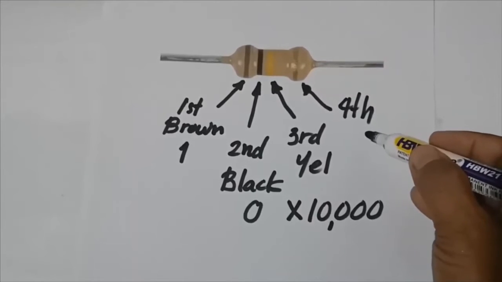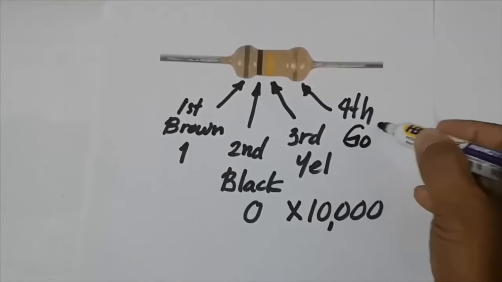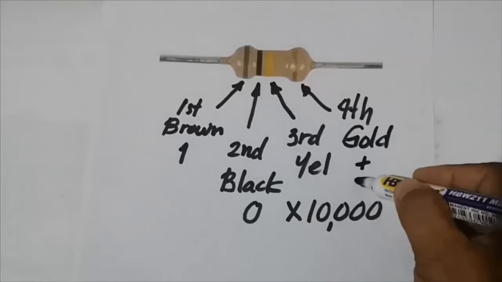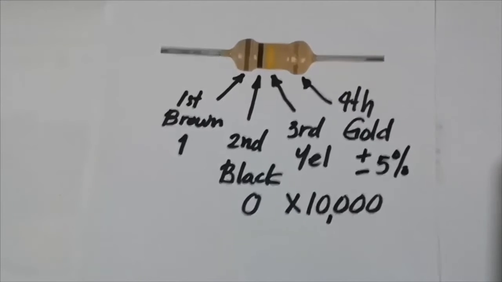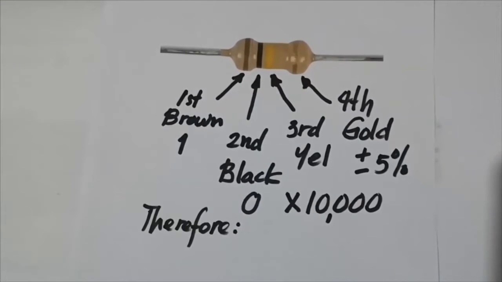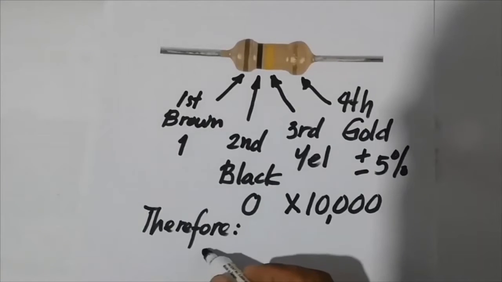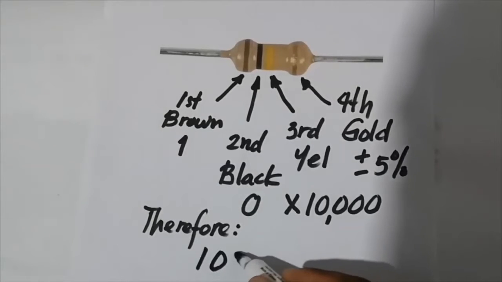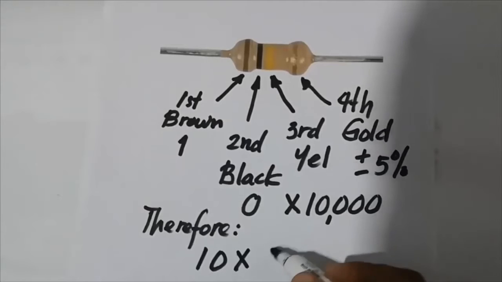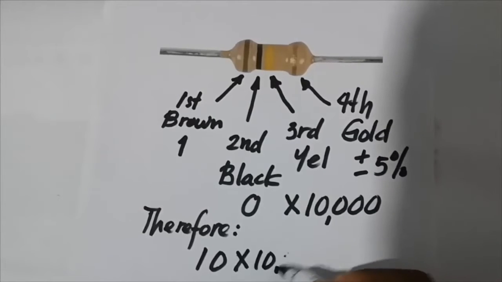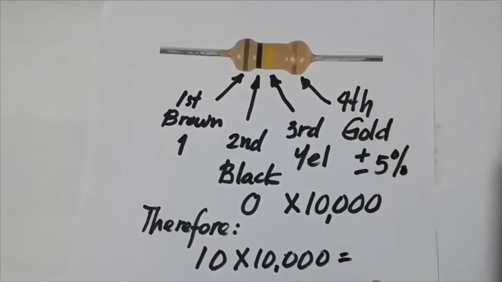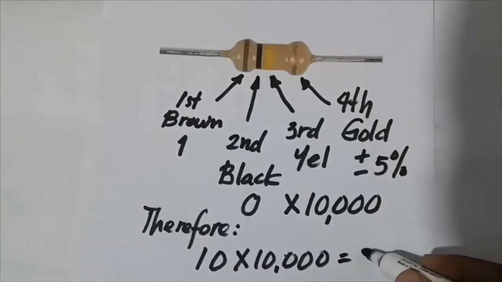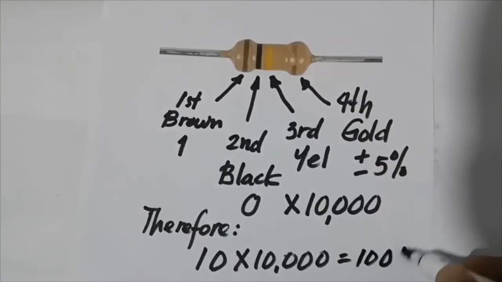Gold is equivalent to plus minus 5%. Therefore, the value of the color code is 10 times 10,000. This will give us an equivalent to 100,000 or 100 kiloohms.